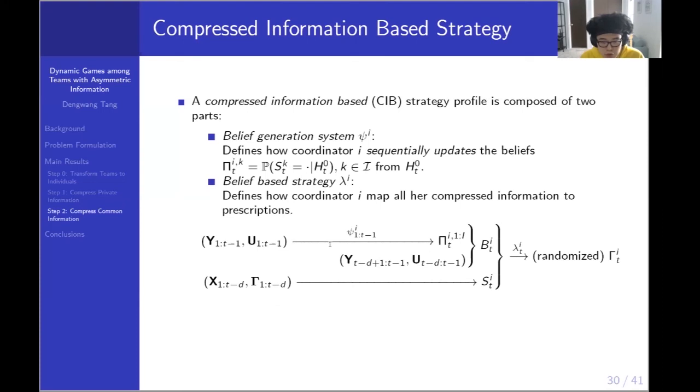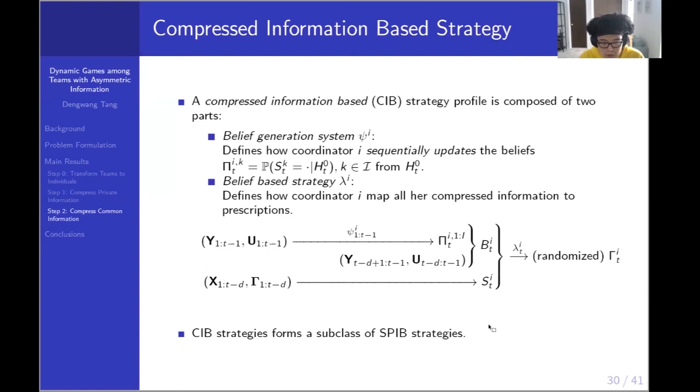So there are two compressions applied. The compression of common information is done with the belief generation system, and the compression of private information is done as we have described in step 1. And after both steps are done, you choose a prescription based on the compression rather than the whole information. So these are the types of strategies that we consider.